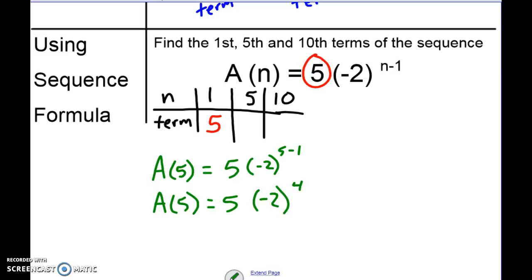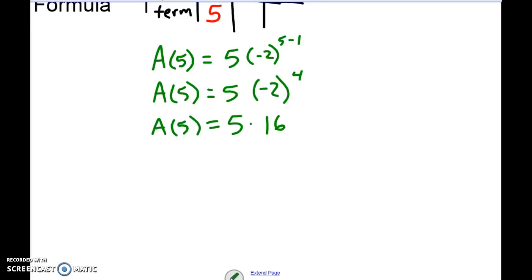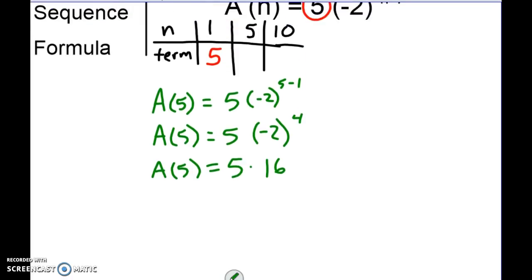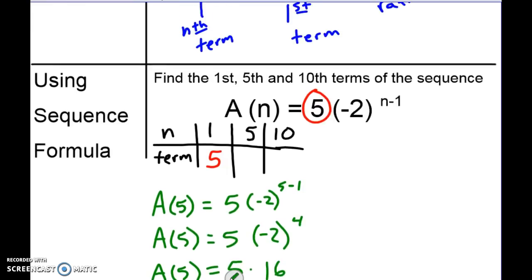Negative 2 to the 4th is a positive 16. So then we'd have 5 times 16, and you can either do that in your head or use a calculator. So a of 5 would be 80. 5 times 10 is 50, 5 times 6 is 30, 50 plus 30 is 80. So here you'd put an 80.